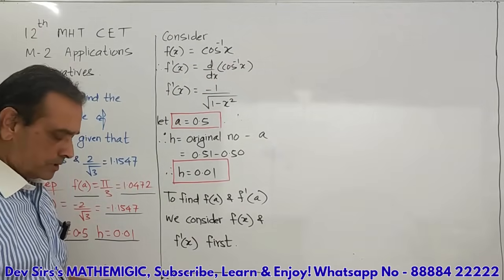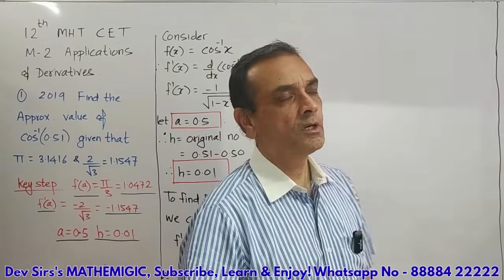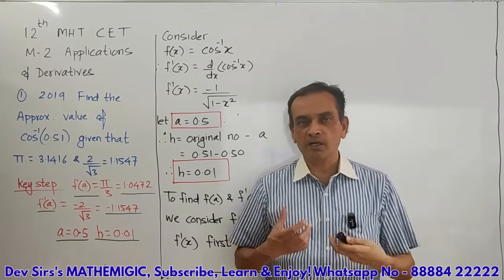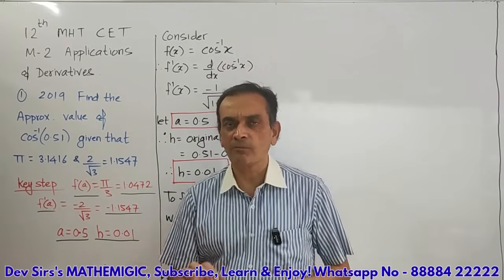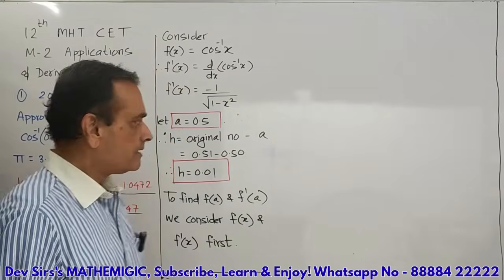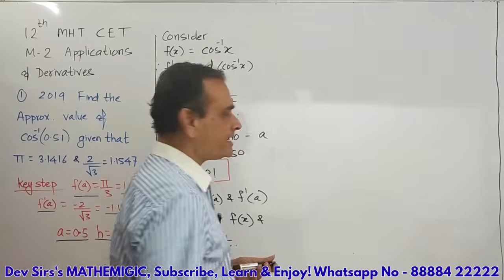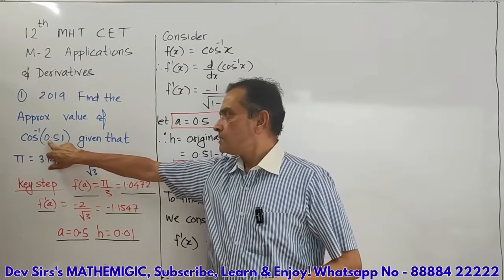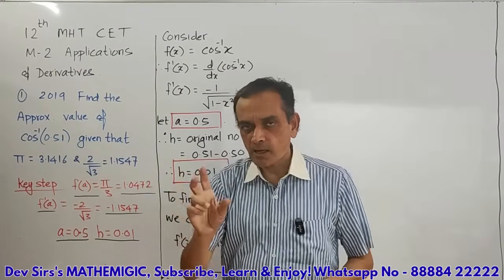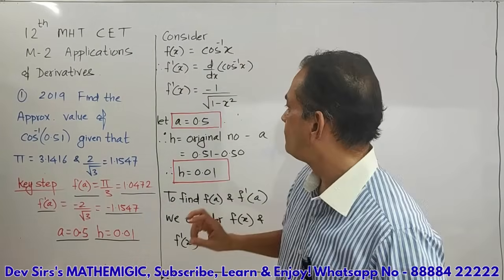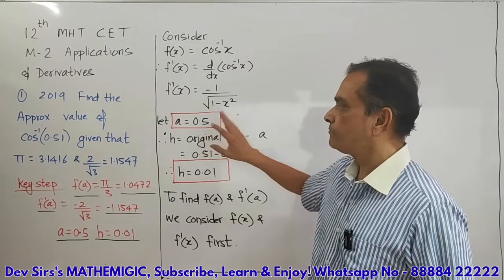Now, A means what? We have to select the number A according to our convenience, the simplest number whose answer we can easily get. The clue is to select the closest number to 0.51, a nearby number which is simpler: 0.5.